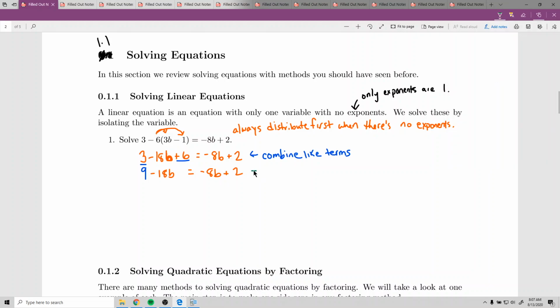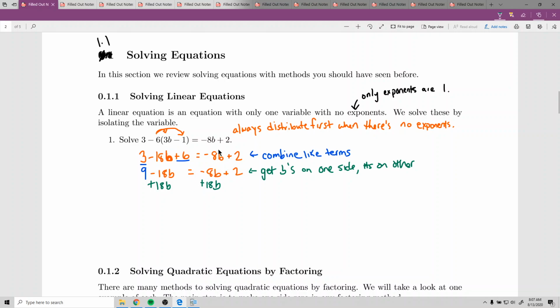And now is when I would gather the stuff. Get the b's on one side and the numbers on the other. It's up to you however you see to do that. I'll add the 18b to the other side.